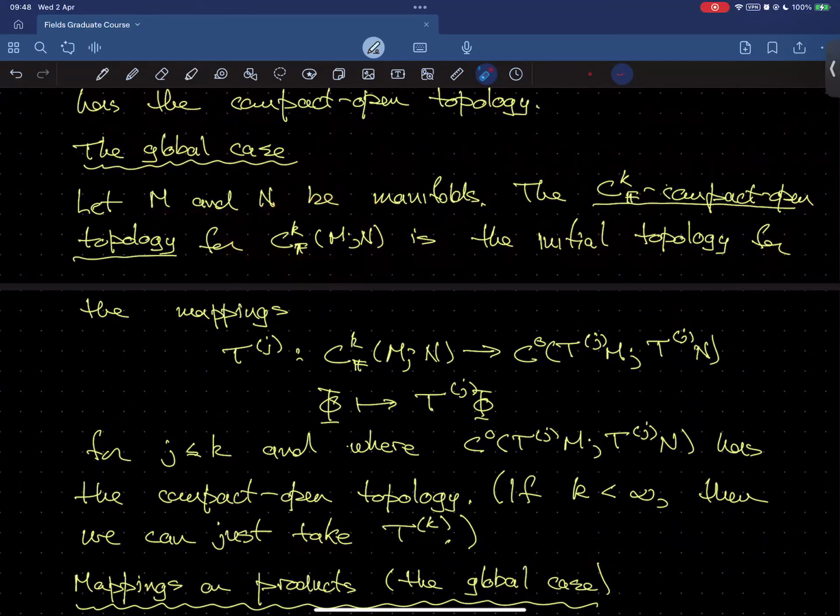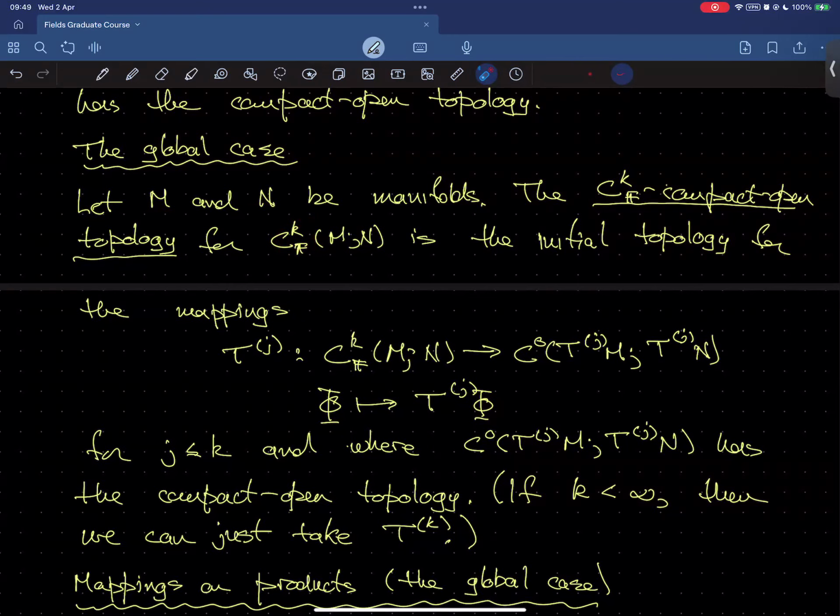So there are regularity things here that I'm not being careful with. For example, if I want to talk about CK mappings, then both M and N have to be at least CK, right? This all goes away if you just restrict to everything being C infinity. Okay, so there are some assumptions that are missing, but are easily filled in.